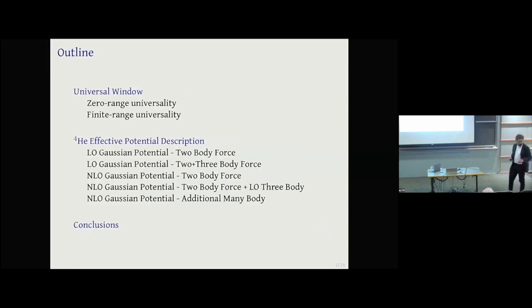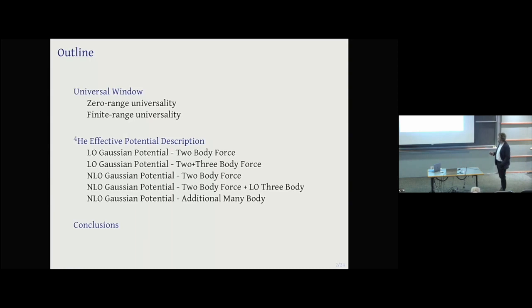So today I will talk about our journey around this unitary limit, looking at bosons, and I will use a lot of information you got from the previous talker. I will start with the description of the universal window. You heard a lot today about zero range. I will give my interpretation of finite range universality.